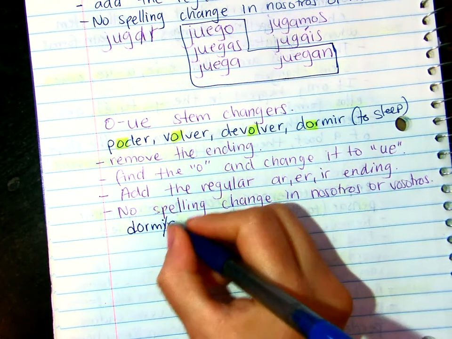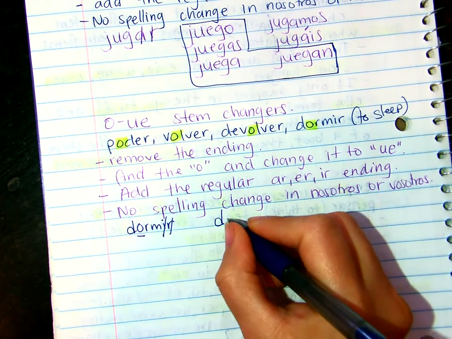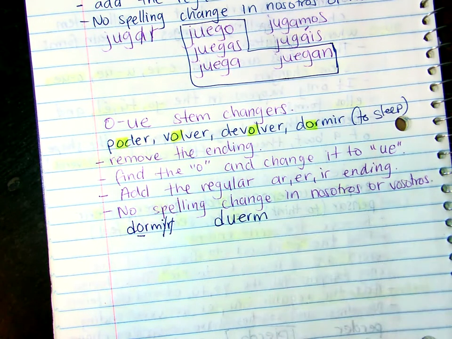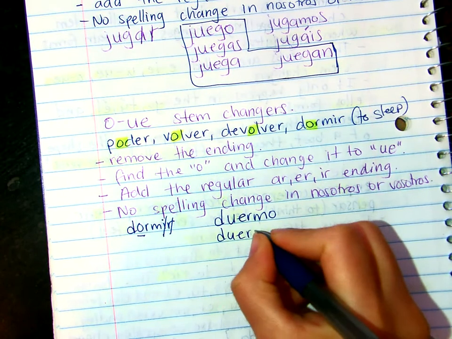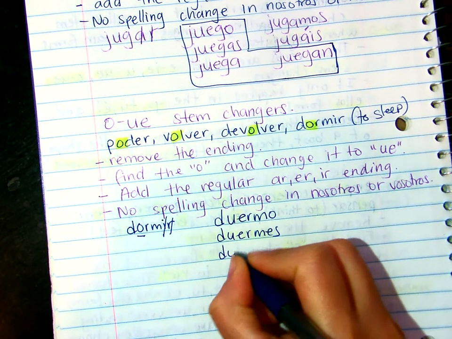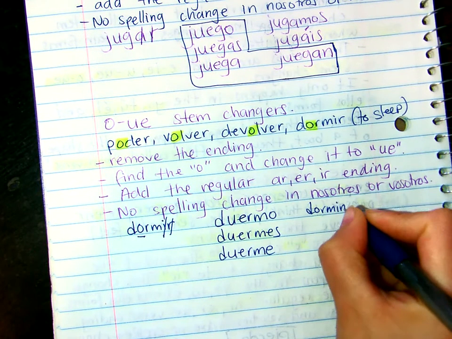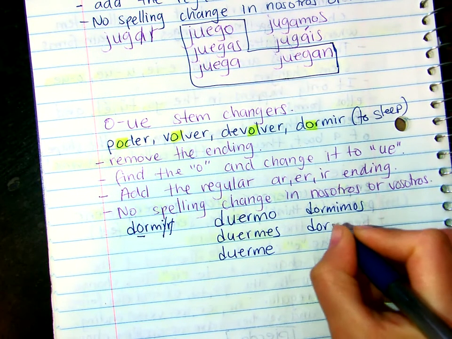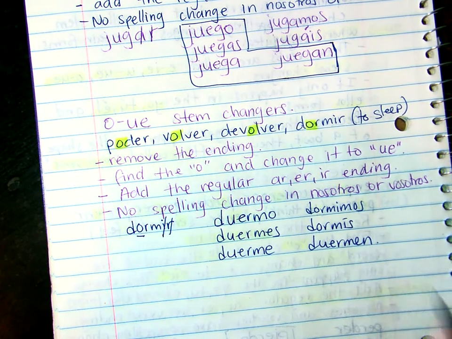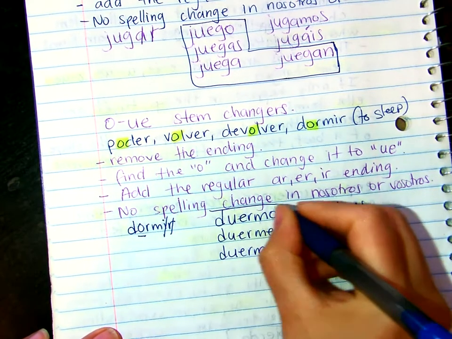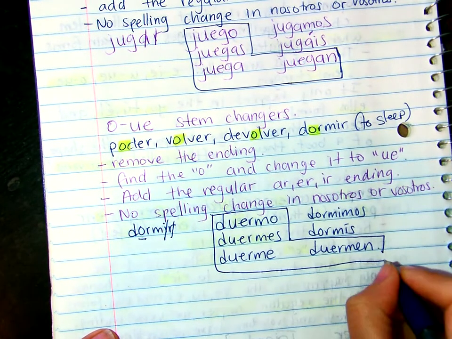I drop the ER and I change this O to UE, and I'm left with that. Yo duermo, I sleep. Tú duermes, you sleep. He sleeps, él duerme. Dormimos, dormís, duermen. Okay, so let's go with the shape. You see that? There's our beautiful boot.